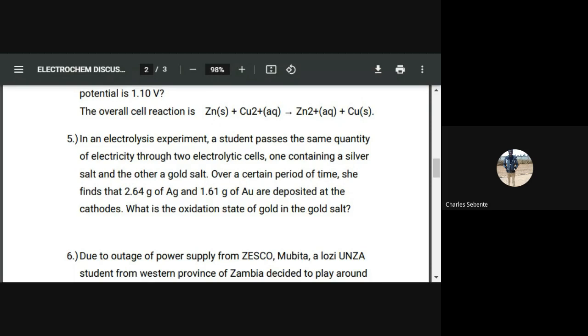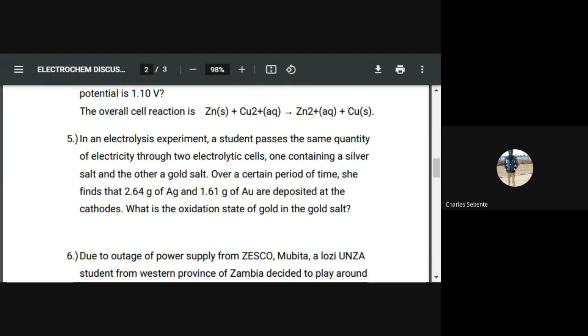We don't know the charge of gold, so it will be Au^X+ plus the electron, and we don't know how many electrons are needed, so say X electrons to give you gold. Okay, now we're looking for X. So you can simply write a statement so that you don't forget: Au^X+, the charge we're looking for, needs X electrons to be plated.